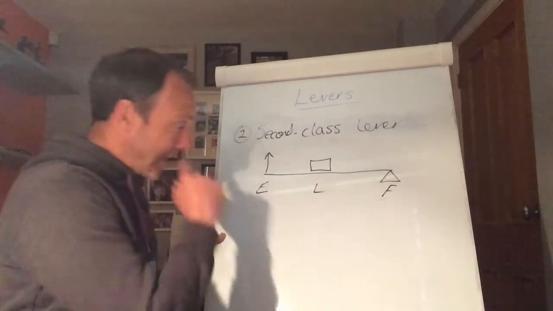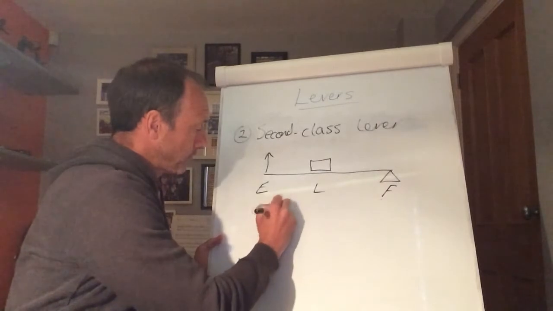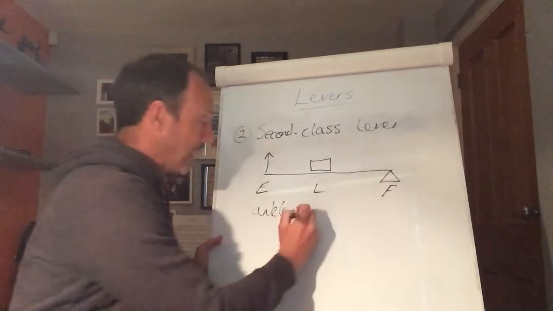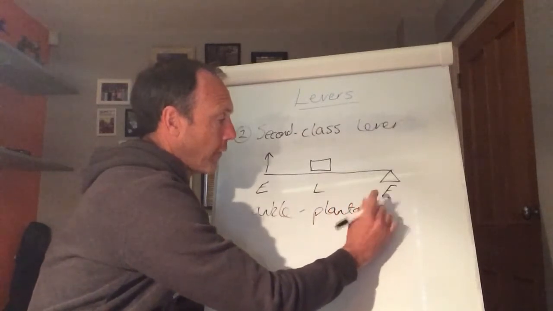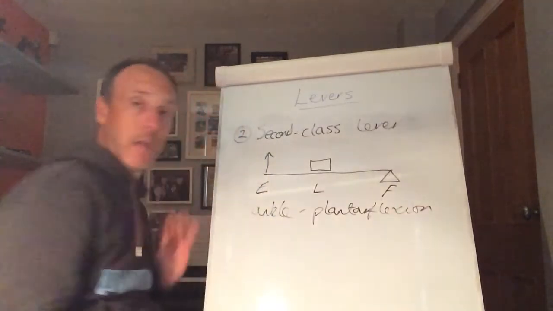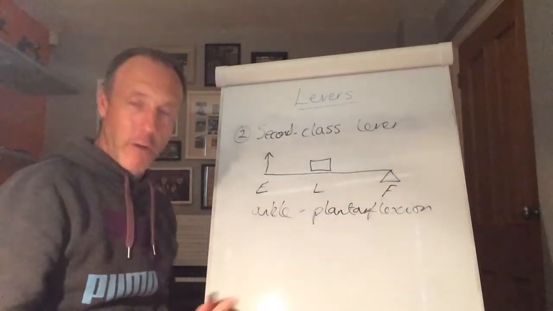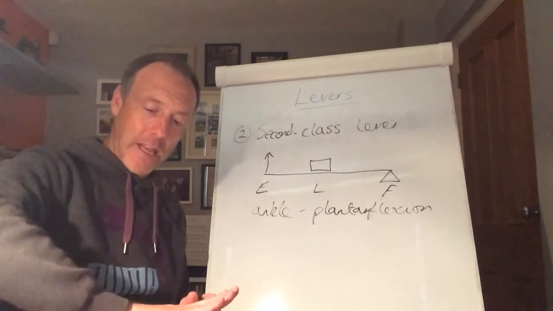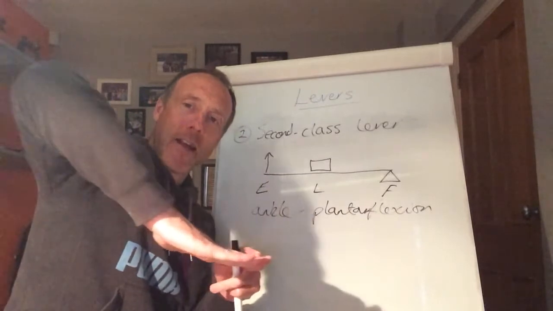So where do we see that? Well, actually we only really see it in the ankle, and more often than not, we see it in plantar flexion. Basically when we go up onto our tiptoes. Now it's hard for me to show, and my arm's never going to get to the full 90-degree angle that we might see in our feet.